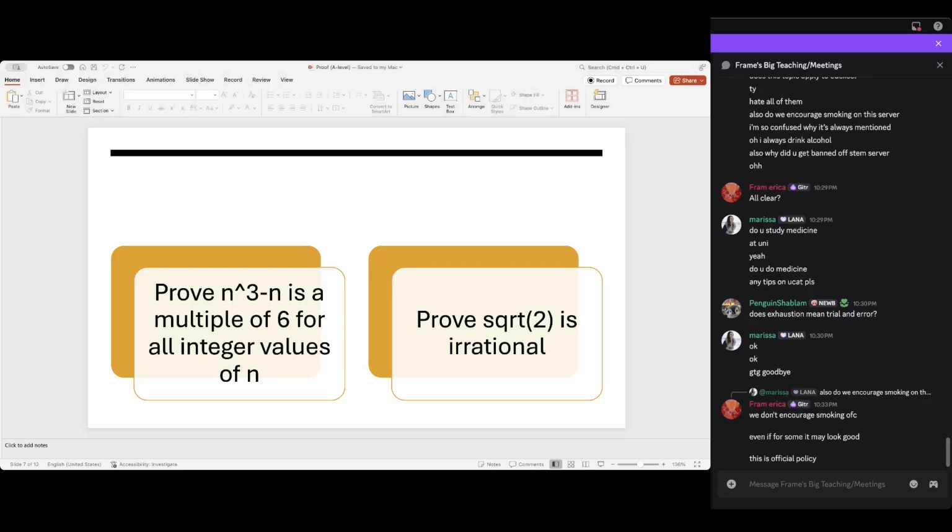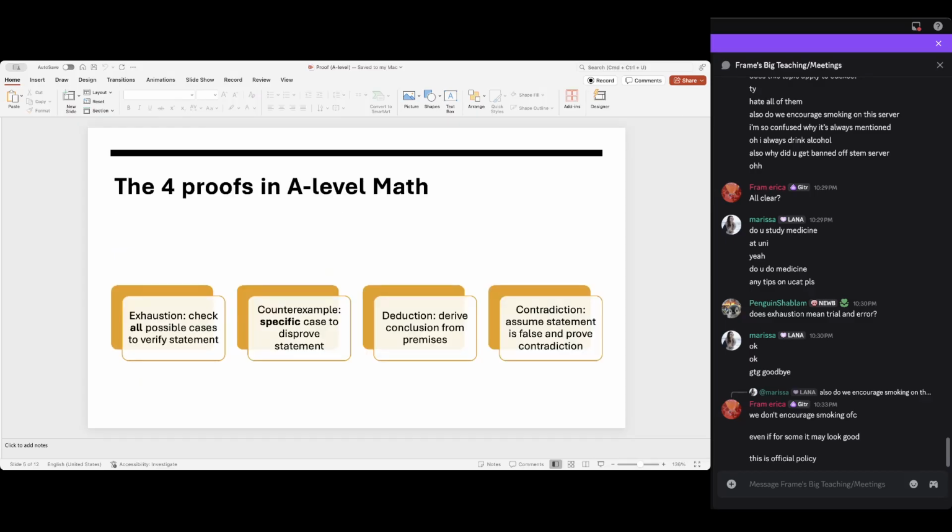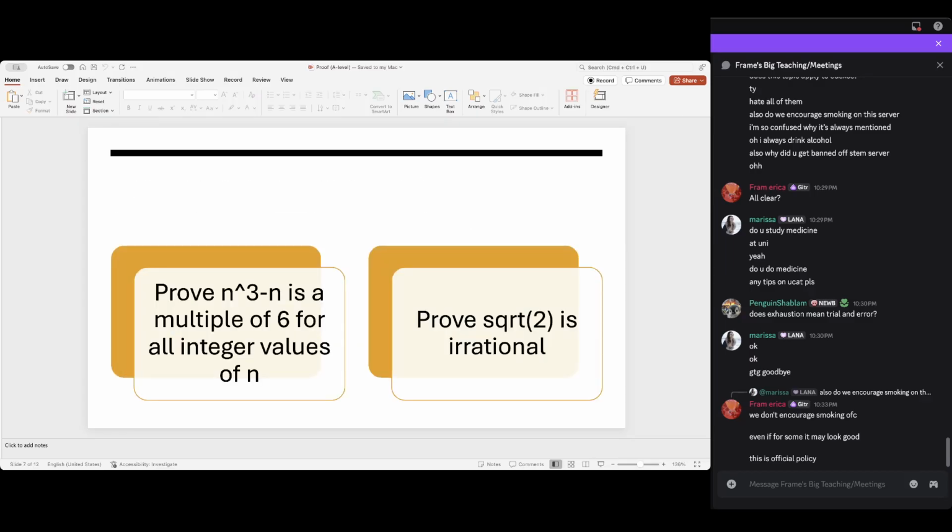So in this question, we have a deduction. First of all, you have to realize that n is common.